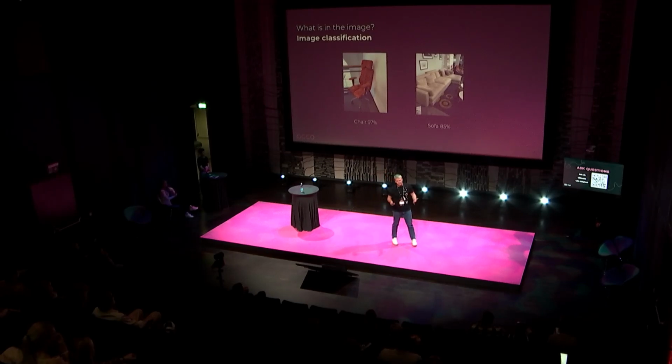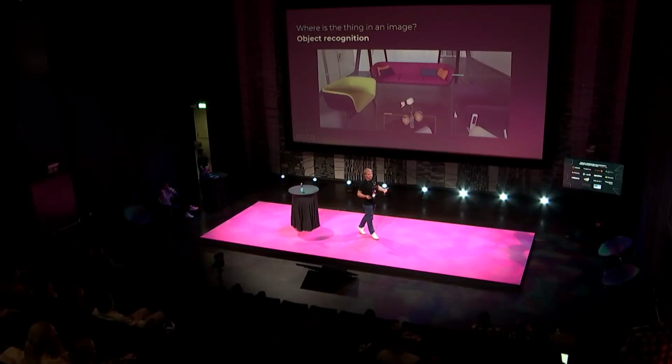And in computer vision, in machine learning, we have a couple of frequent questions that we come across. So for example, what is in the image? And we solve that with image classification. We also ask, where is an object in the image? And we solve that with object detection.